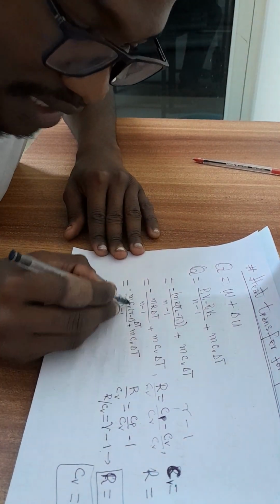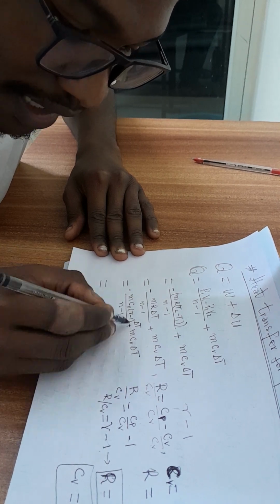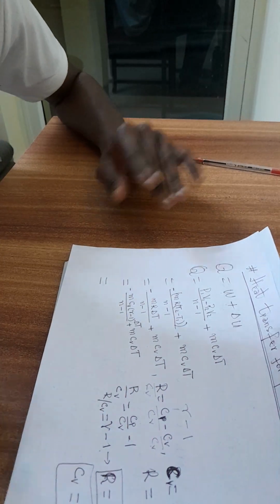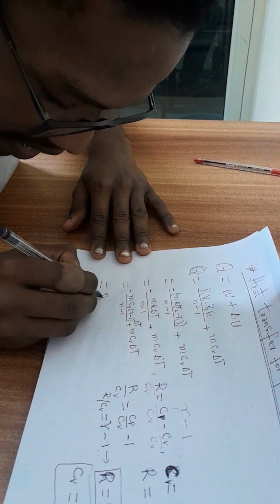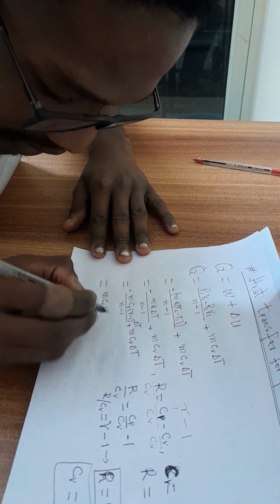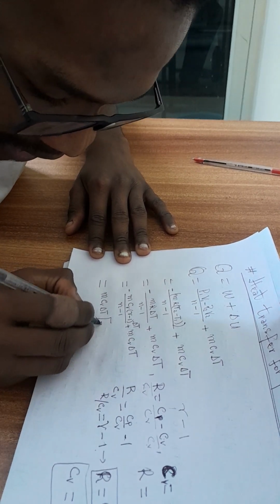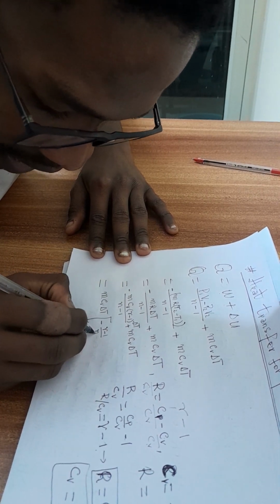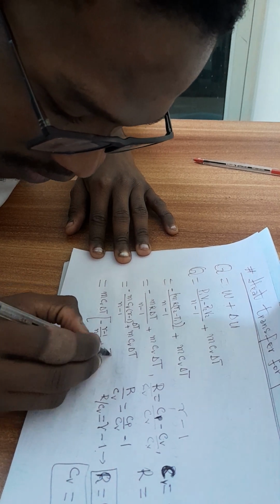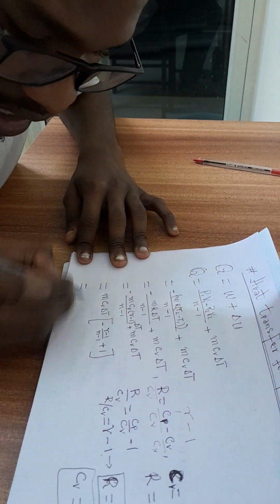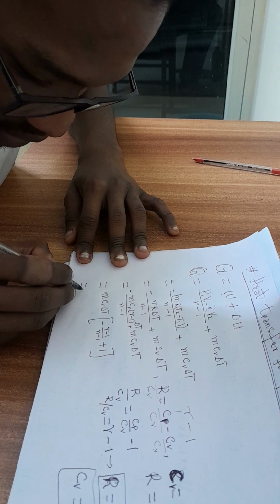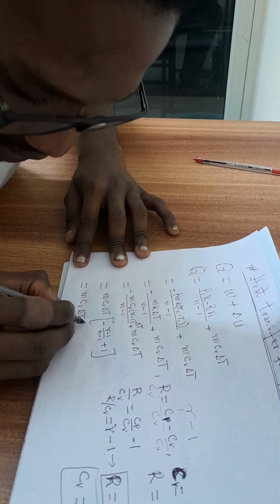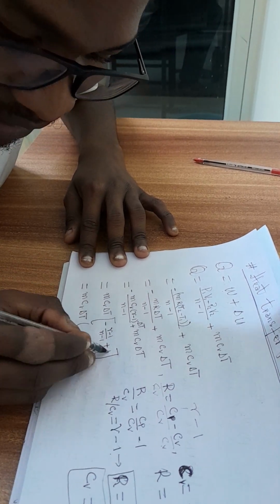Take m Cv delta T as a common factor. You will get minus (gamma minus 1) upon (n minus 1), plus 1. Then work it out, find the common denominator.